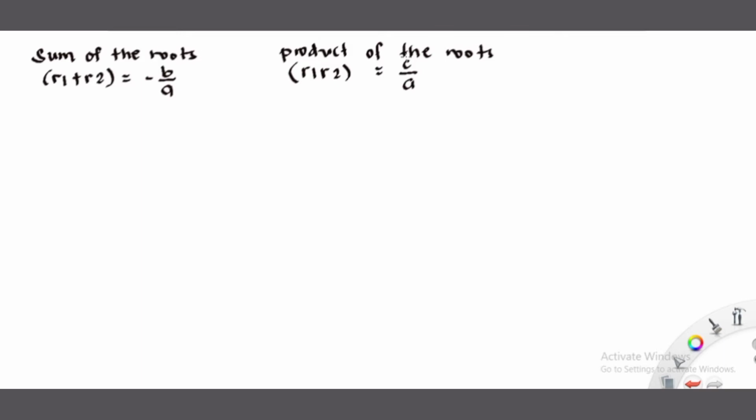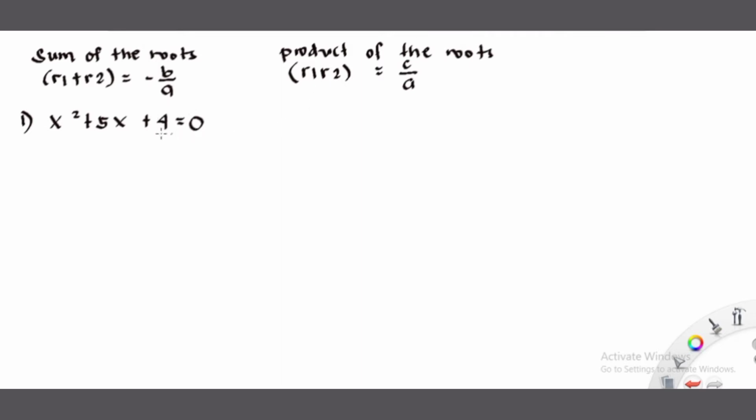So, let us have examples. If we are asked to get the sum and the product of the roots of number 1, let's have x squared plus 5x plus 4 equals 0. So, we will use the formulas that we have given a while ago.